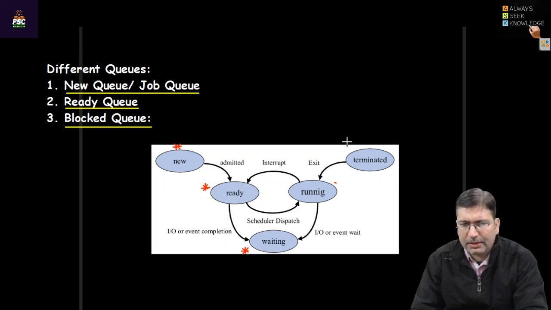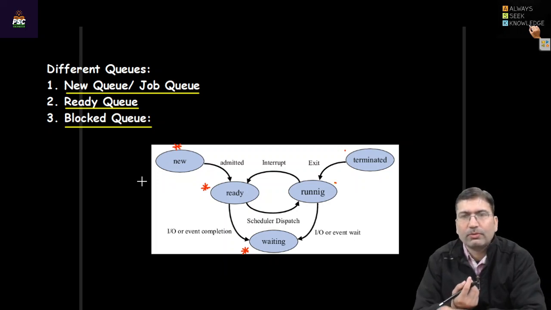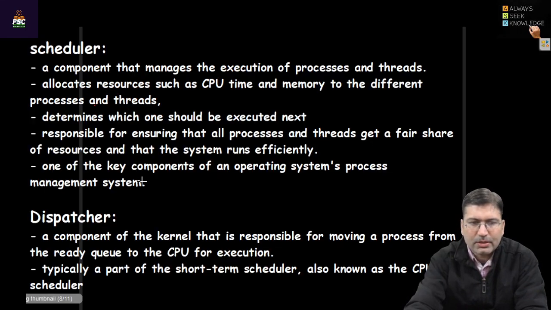And similarly, at terminated, there is no need of a queue, right? So from one state to another, if there is a queue and only one process is getting selected, as I told you, there is a role of the scheduler. So let's discuss the schedulers.